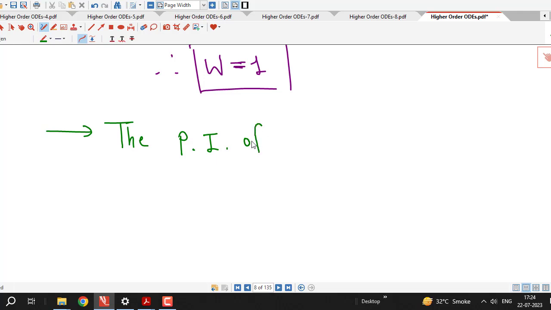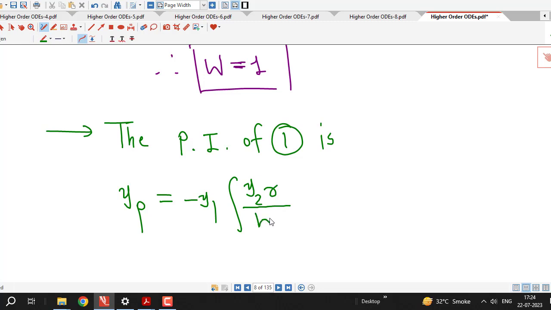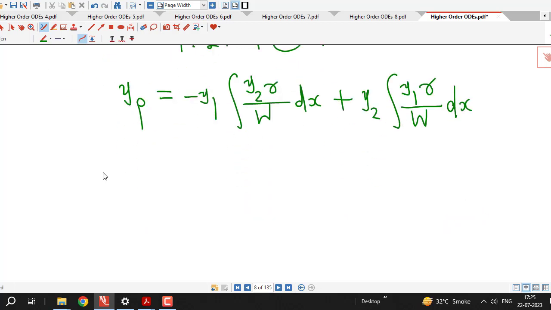The particular integral of given equation is by the formula yp equal to minus y1 times integral of y2 into right hand side function, divided by Wronskian, plus y2 outside, y1 inside the integral, right hand side function denoted by r divided by Wronskian, integral with respect to x.